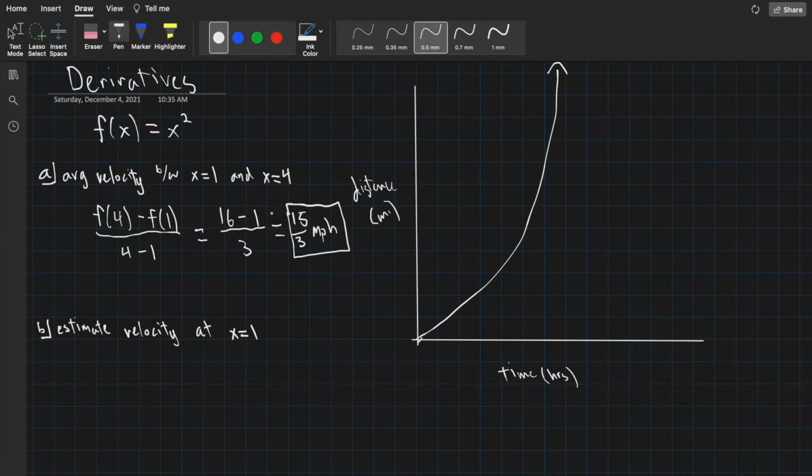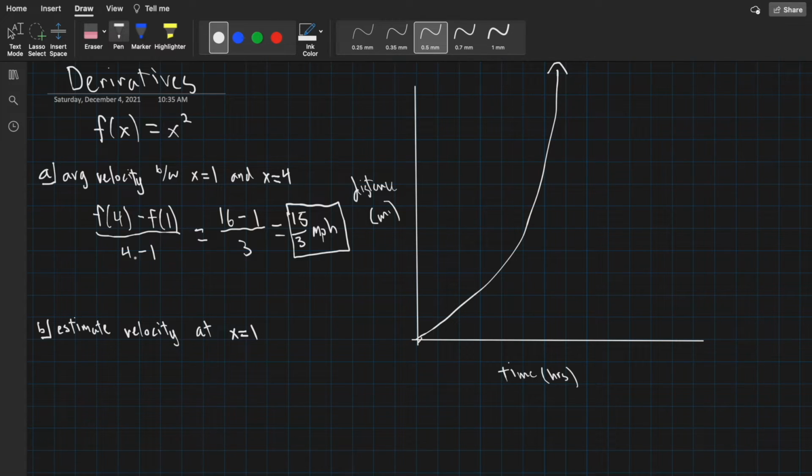So notice what's interesting here, what we've just done, is we're taking our change in our y values, change in our outputs, and dividing it by the change in our inputs. So this should be familiar for our linear functions as a way to calculate the slope of our line.